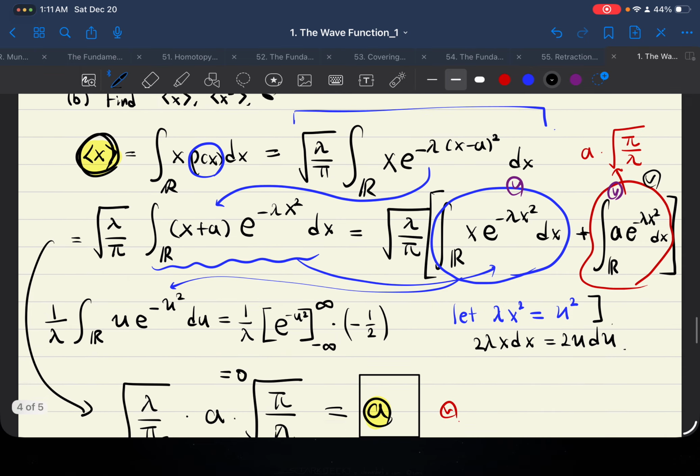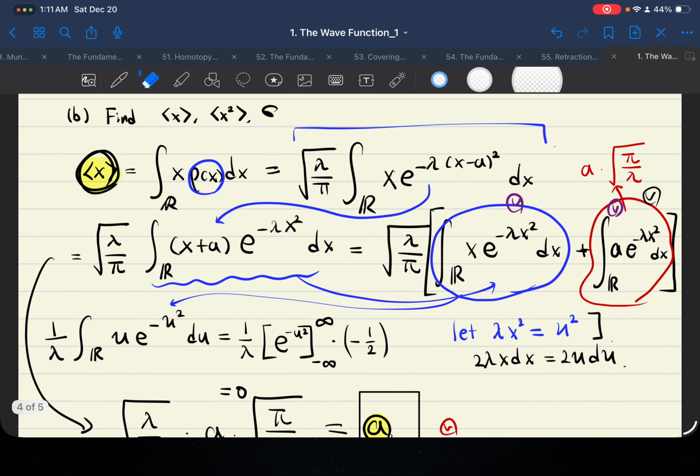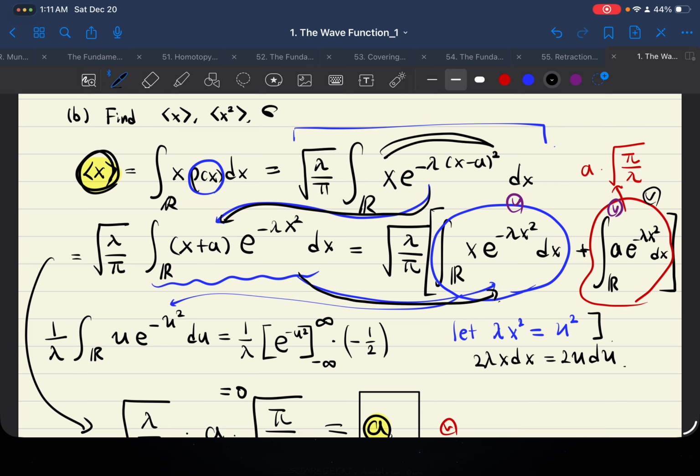Next, we're going to find the expectation value of x, x squared, and the standard deviation. We just use the definition. The bracket x equals the integral over R of x rho(x) dx. Then we translate it like this, expand it, and split it into two parts.